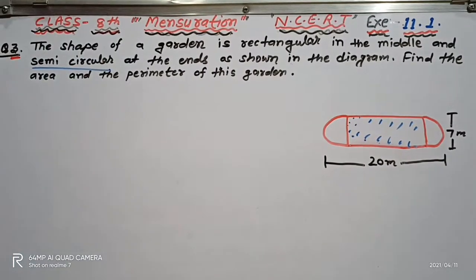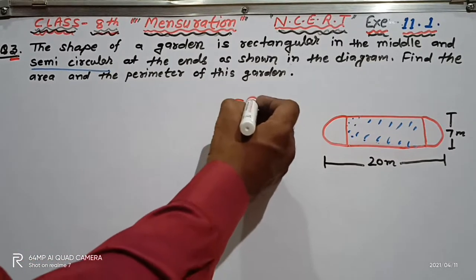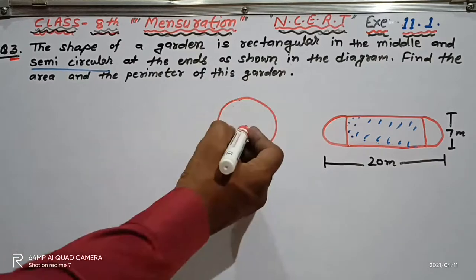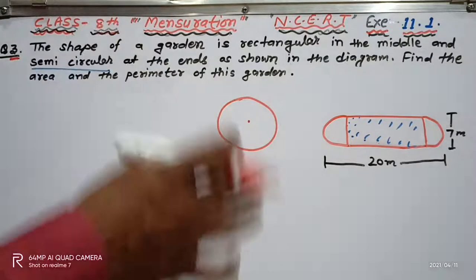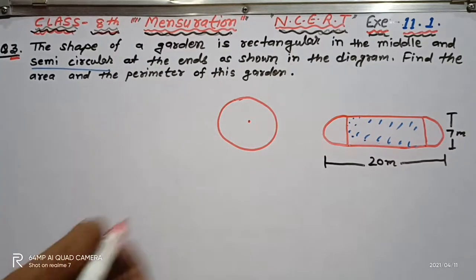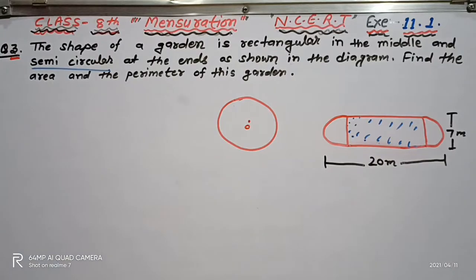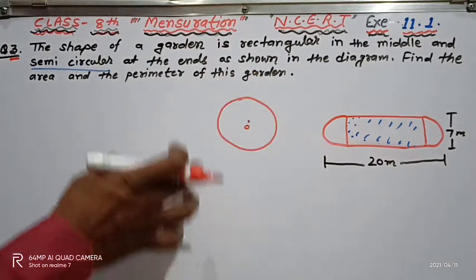What is a semicircle? First of all, you know what a circle is. A circle is the collection of all the points which are at equal distance from a fixed point. Maybe this is the center which I have taken as O, and all around there is an equal distance.